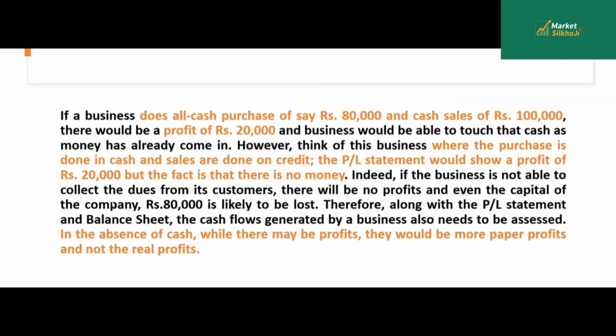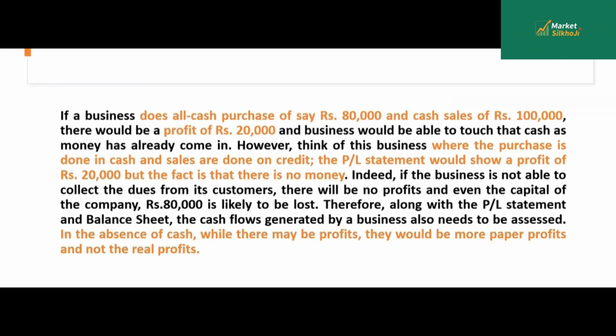Let's suppose there is a business which does an all-cash purchase of, let's say, 80,000 rupees. The businessman went to the supplier, bought 80,000 rupees worth of raw material and paid in cash. Everything is happening here in cash. Then he converted that raw material into a finished product, let's say inventory.